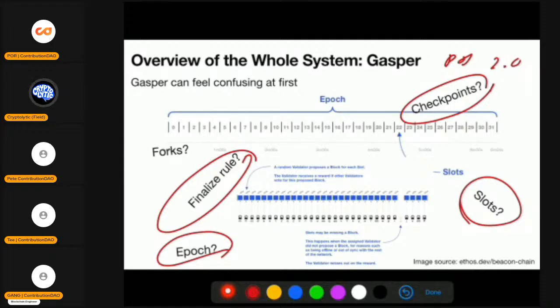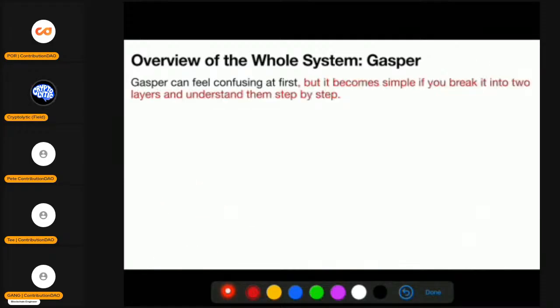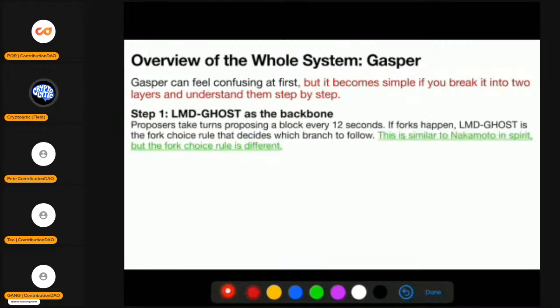After trying to research Ethereum, I think that instead of diving into Casper directly, it is more useful for you to think about Ethereum in two steps.